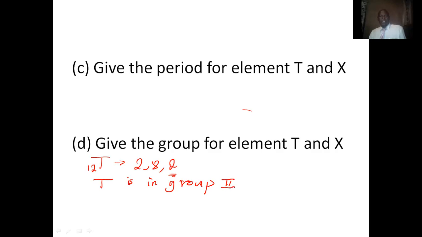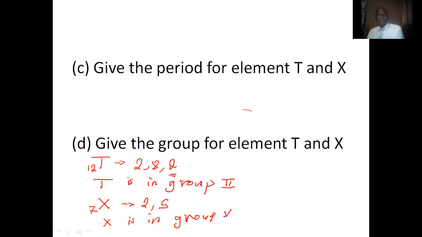We normally use the Roman numerals. And for X, with the atomic number 7, we said it has 2 electrons in the first shell and 5 in the second shell. And therefore, X is in group 5.